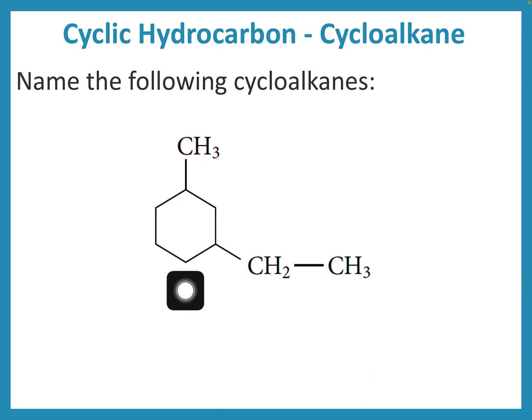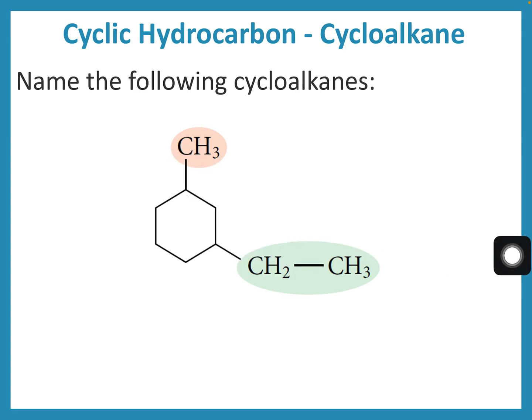So I have 1, 2, 3, 4, 5, 6 carbons in my ring structure. So that is going to be a cyclohexane. And then I have methyl and ethyl attachments. And so numbering wise, I'm either going to start here and go 1, 2, 3, or start here and go 1, 2, 3.